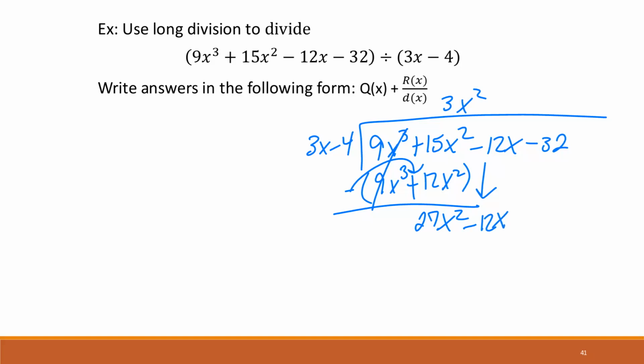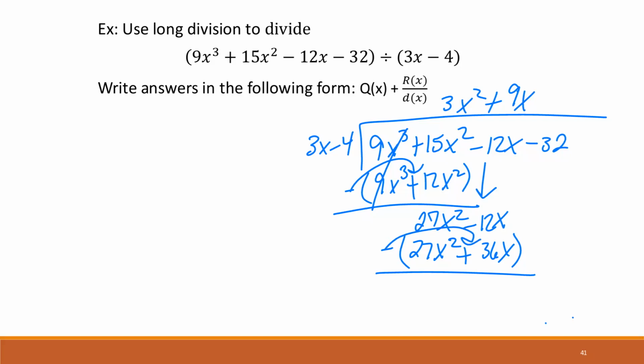So now we're trying to make 27x squared from 3x. So we need to multiply by positive 9x. So we get 27x squared. Again, subtraction. 9x times negative 4 will give me negative 36x. And put that negative in to make it a positive. So we have 36 and negative 12, which will give us a positive 24x minus 32.